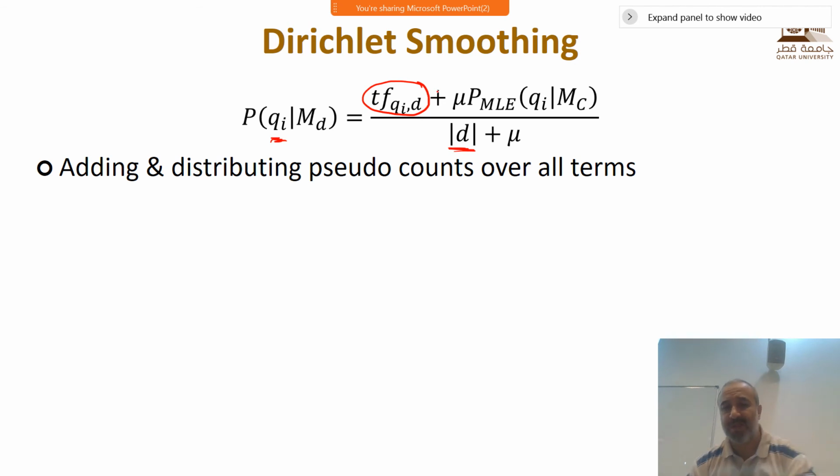That's why we multiply mu by the background probability. And we divide now by the length, the original length of the document plus mu. Why? Because we assume that the total pseudo counts will be mu. Okay? And this is the portion among mu that is assigned to this specific term.